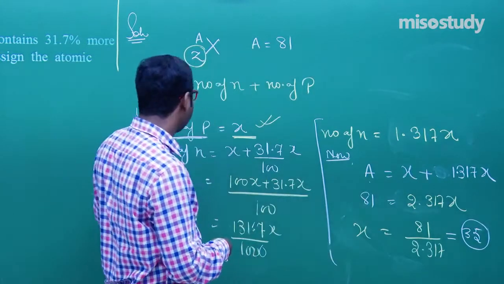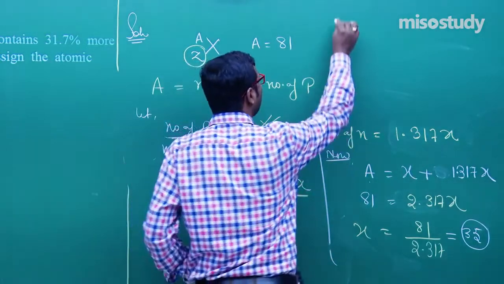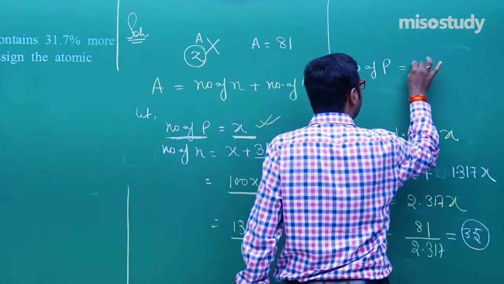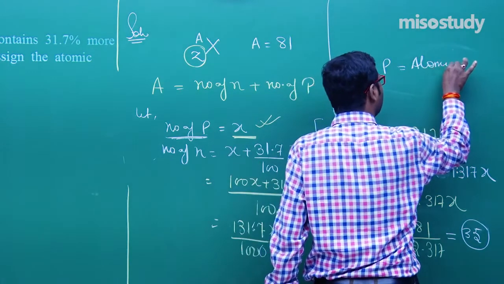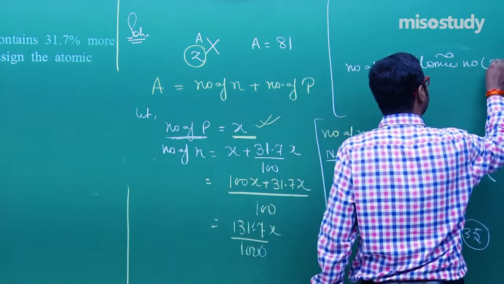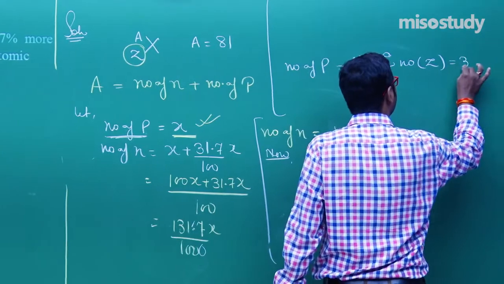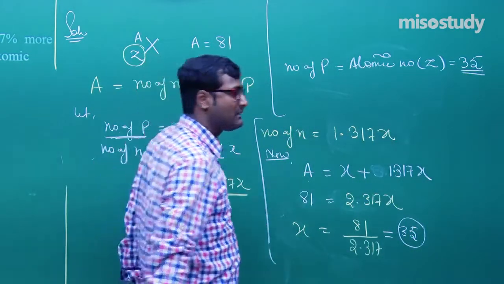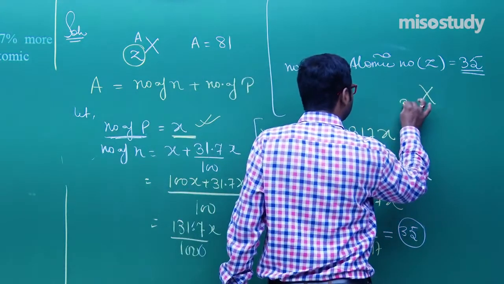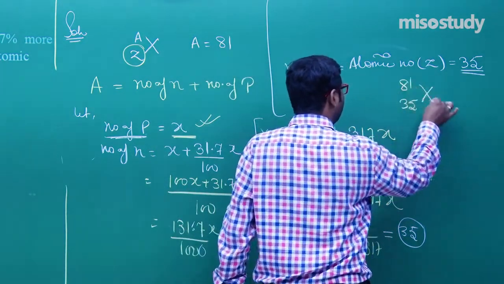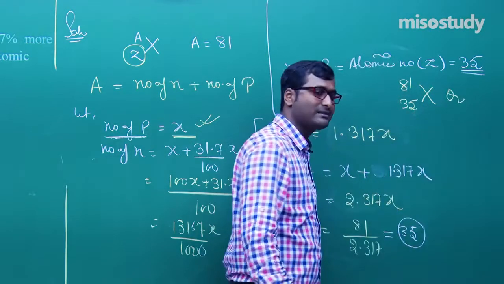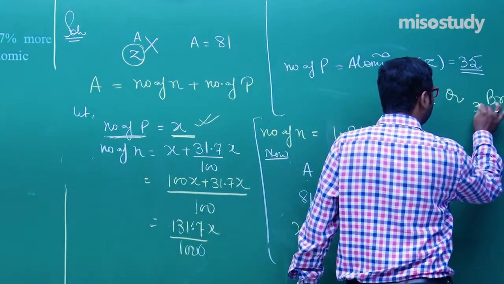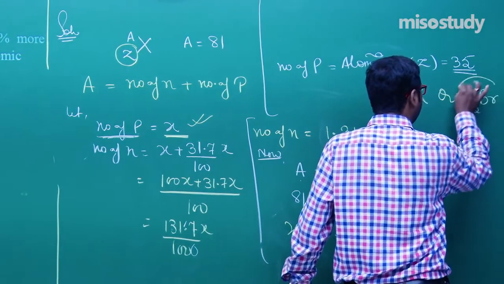X is the number of protons, and we know number of protons is equal to atomic number, Z. So Z is equal to 35. So what is the symbol here? If the atomic number is 35, the element is bromine, Br, with atomic number 35 and mass number 81.